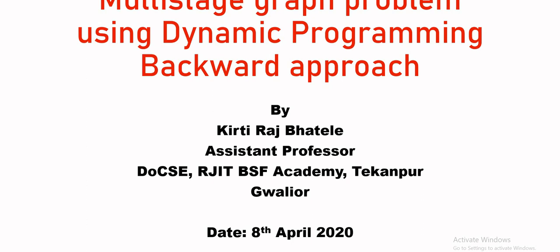In today's class, we'll be dealing with the multi-stage graph problem using dynamic programming and especially using the backward approach. As in the previous class, I have discussed there are two ways by which a multi-stage graph problem can be solved in the context of dynamic programming.